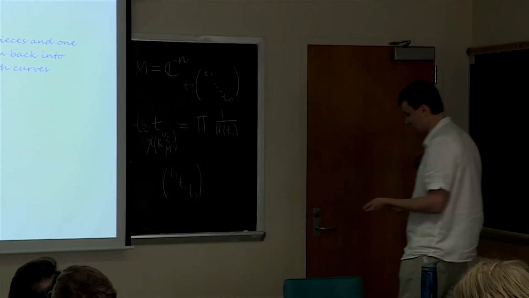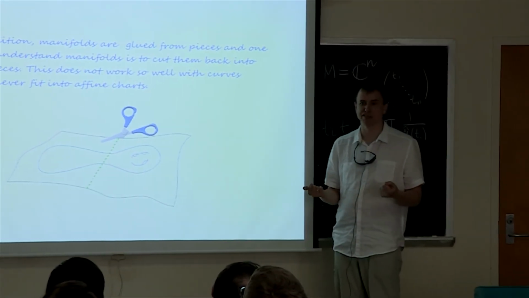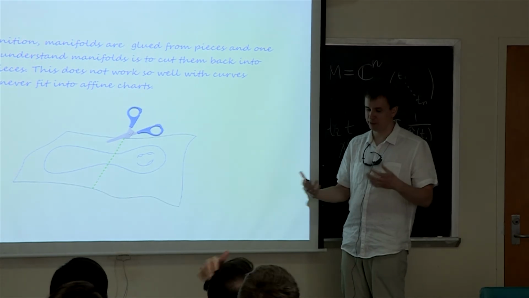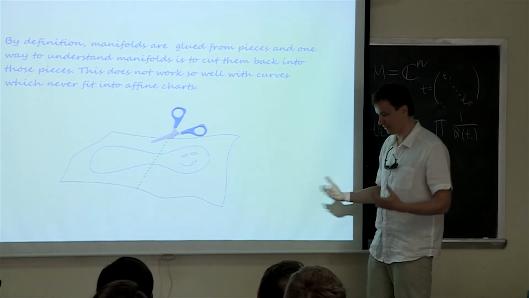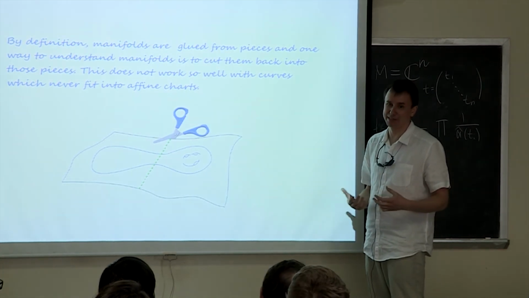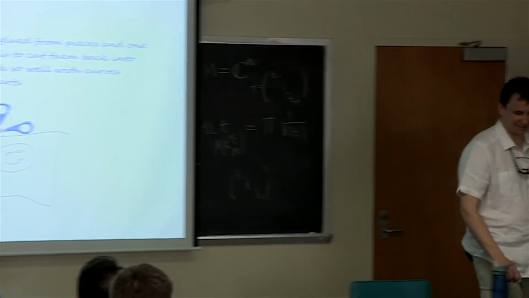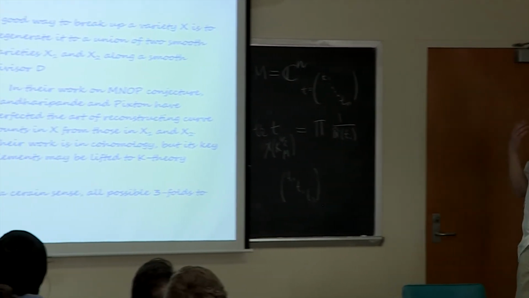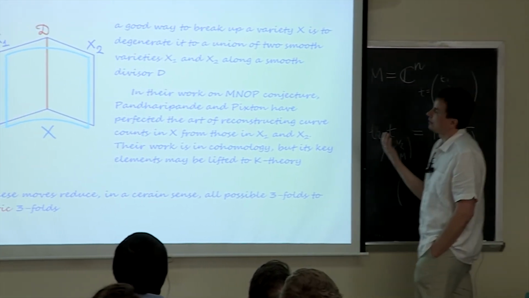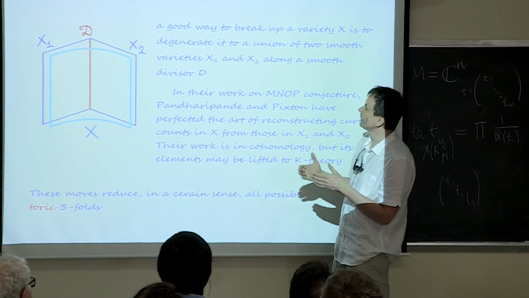Somehow directly doing this with Donaldson-Thomas like spaces is bad, because if you had a complete curve, its deformation theory is somehow under control. If you cut it up in pieces, then it's not so good. But there is a very good way to break up algebraic varieties in pieces.